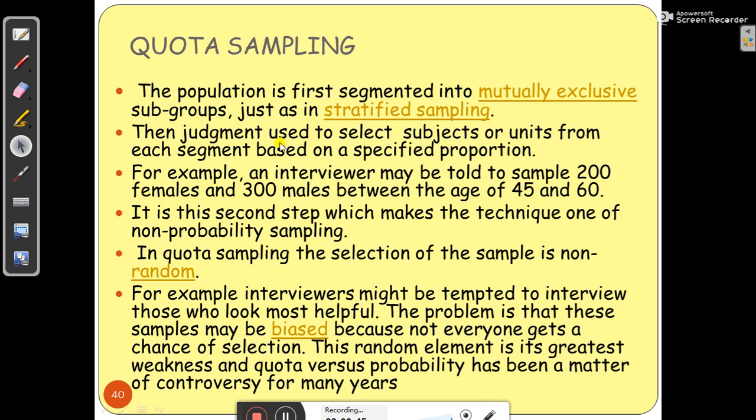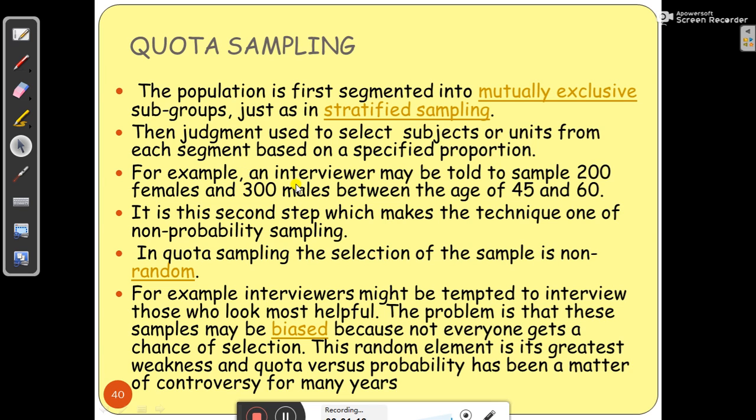Then judgment is used to select subjects or units from each segment based on a specified ratio or proportion.